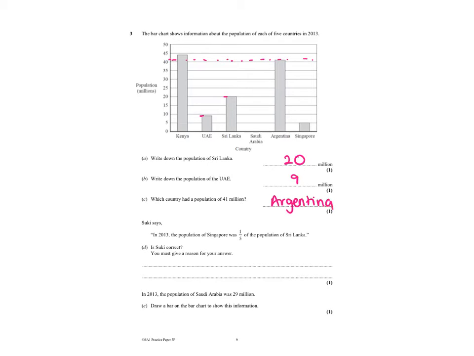In 2013, the population of Singapore was a fifth of the population of Sri Lanka. Is Suki correct? Well, we know that Sri Lanka is 40. A fifth of 40 is 8.